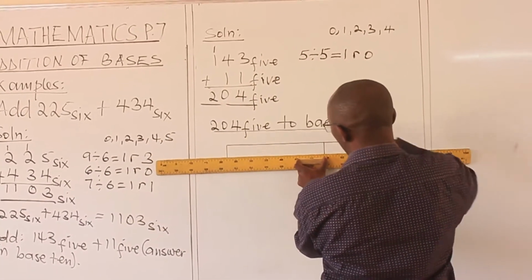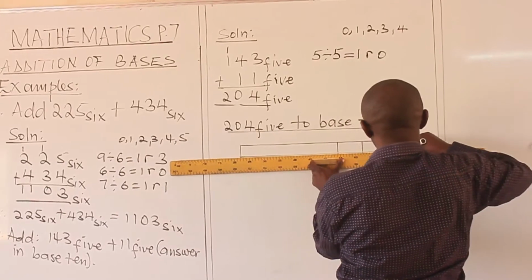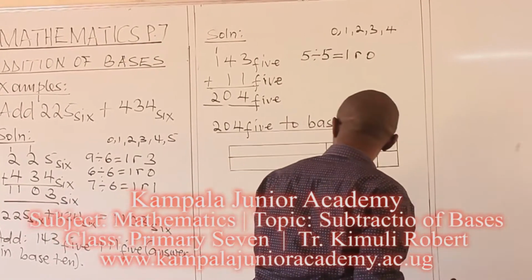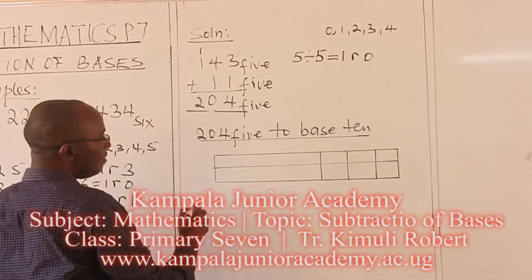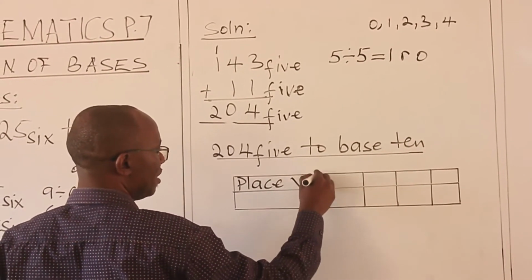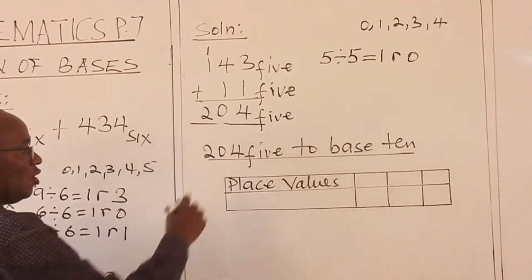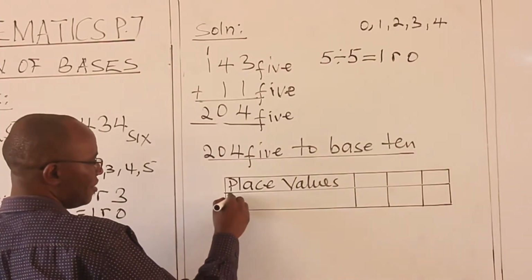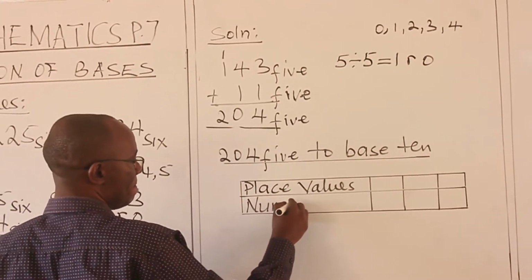Then I also divide this into 2. So that is my table. Up I have my place values of each of the digits. Then I have the numeral given below.